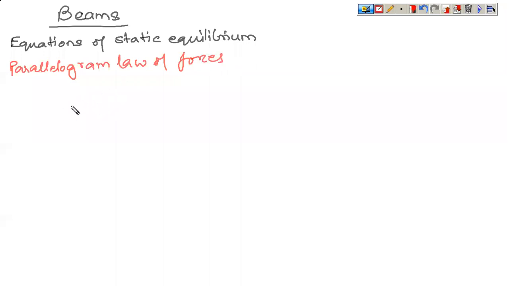So parallelogram law of forces says that if P and Q, I won't be going through the derivation because I hope everybody has done it in class 11th or 12th. If two forces P and Q are represented along the adjacent sides of a parallelogram, and they subtend an angle theta between them, then the resultant is given by the square root of P square plus Q square plus 2PQ cos theta.